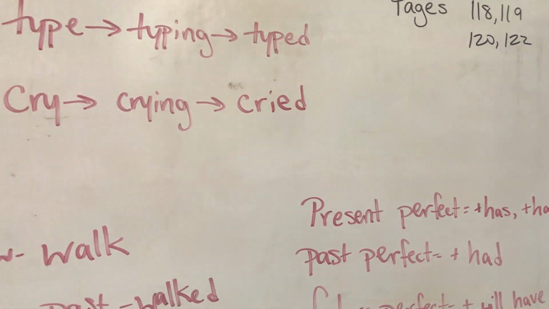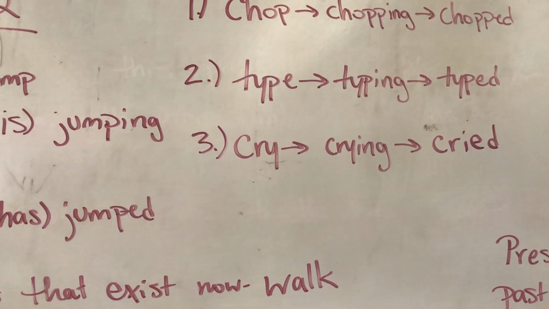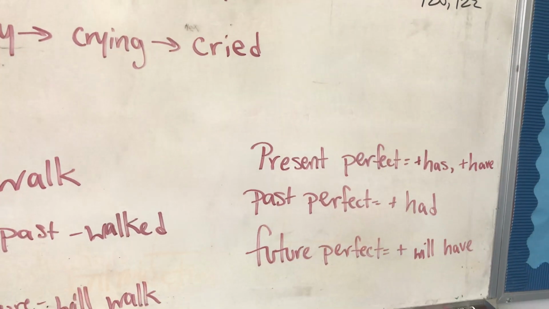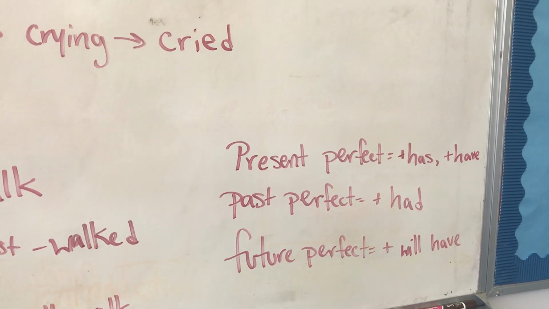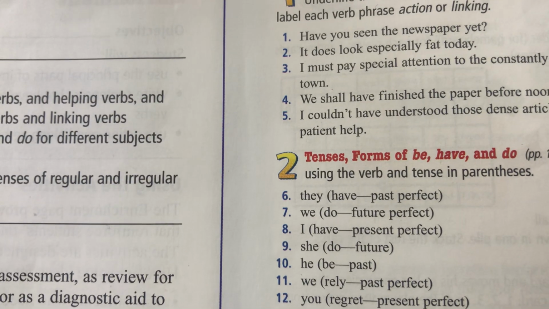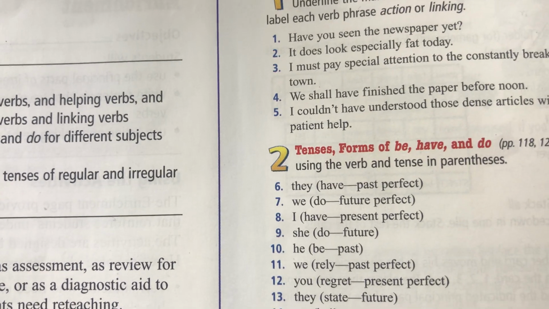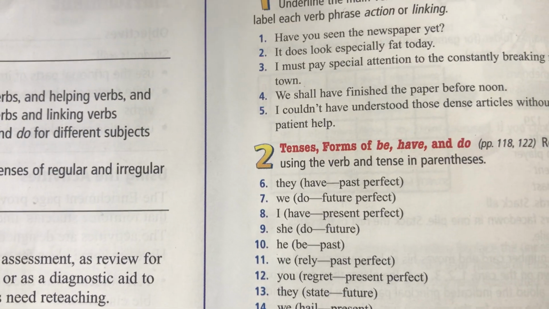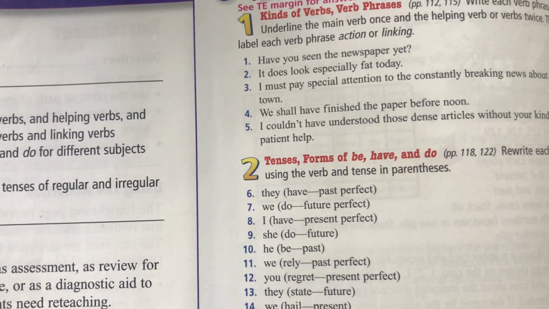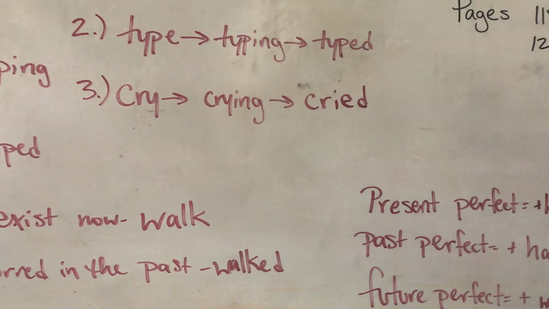And then because they want us to use the verb have, we need to have it twice. So I know it's going to sound a little confusing, but we have they on your paper, and then they want the form of have in there, so we're going to use had, and then you're going to put had again. So number 6, you should have they had had.